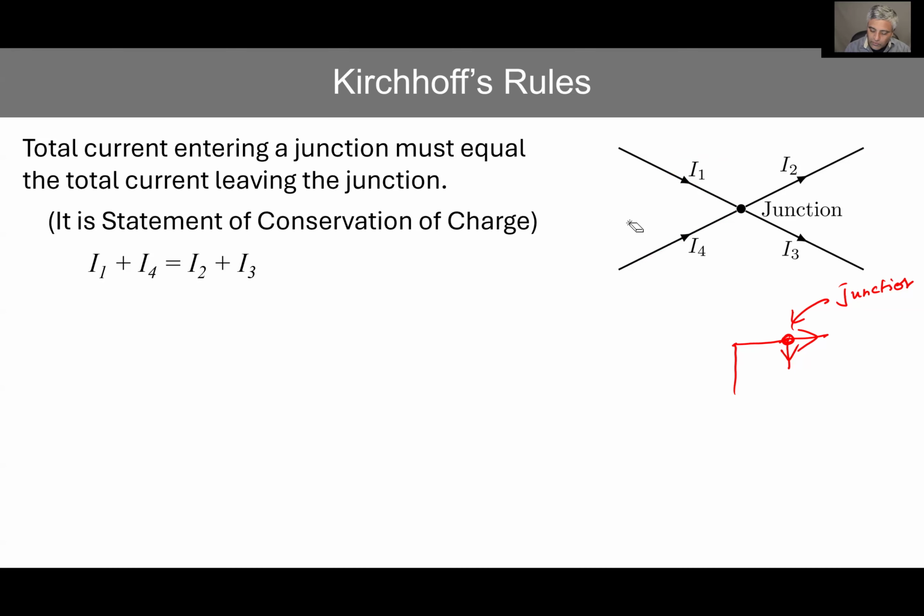So how much total current is entering the junction? It's the sum of these two. It's like water flowing through two pipes that you join into a bigger pipe. The total water flowing in is the sum of the flow from one pipe and the other.